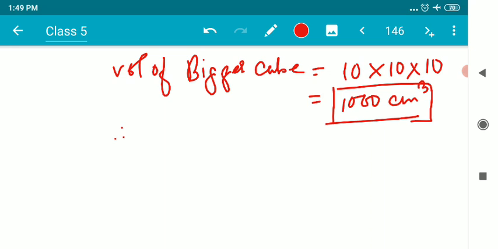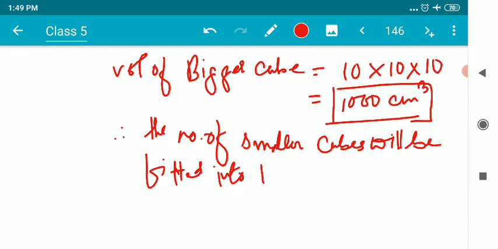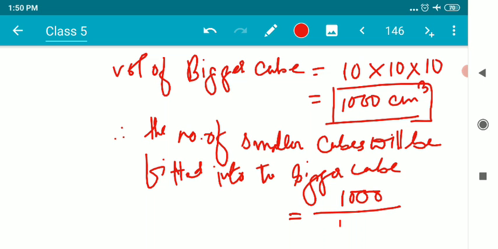Therefore the number of smaller cubes that will fit into the bigger cube is equal to 1000 divided by 125, because we are finding the number of cubes that will fit into this bigger cube.